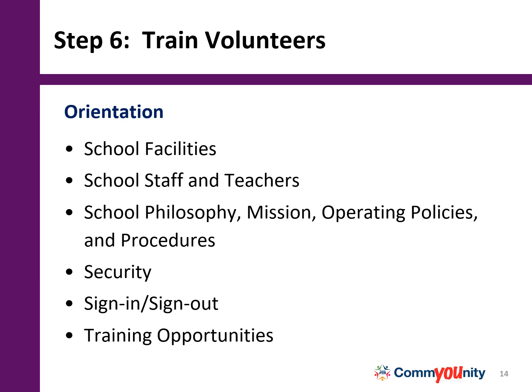School philosophy, mission, operating policies, and procedures provide a job description and information on confidentiality, ethics for working with students and staff, student discipline, dependability, volunteer attendance expectations, and recording volunteer hours. Provide a handbook for volunteers to keep. During orientation, provide a time for questions, discussion, and form completion.